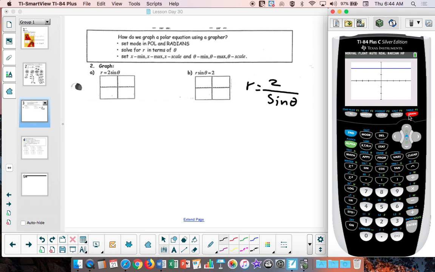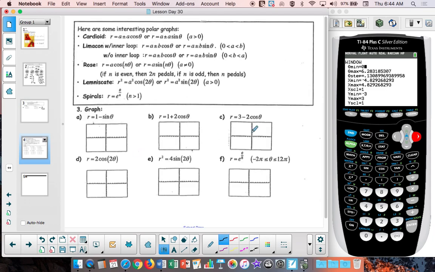So this is how you type it in your calculator. Again, the most important part is that you're setting up your theta min, theta max, and your theta step. Most of the time that's not going to change too much. But I think 0 to 2 pi should work for the next stuff. Okay.